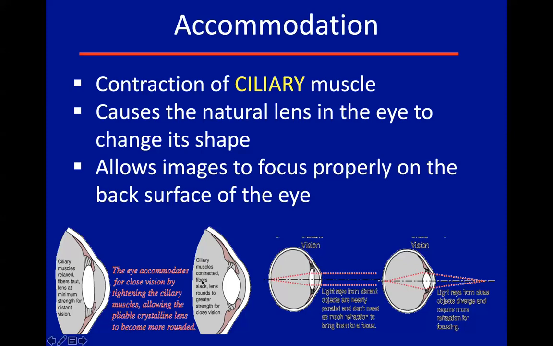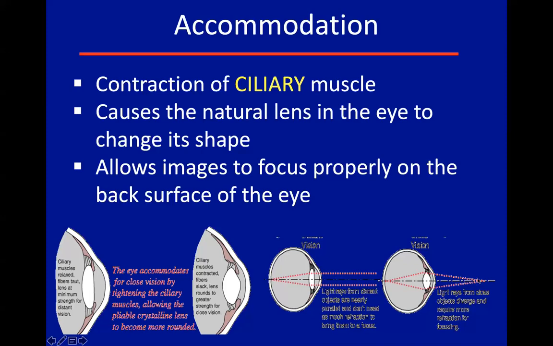So when we're looking at a distance, as you see here, the lens is flat. The ciliary muscles are relaxed, and you concentrate the image on the retina.